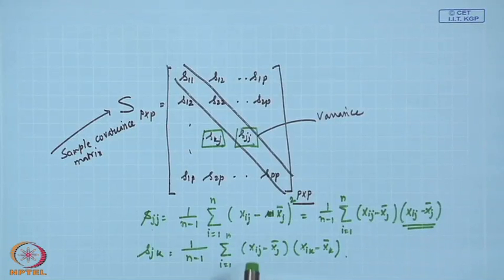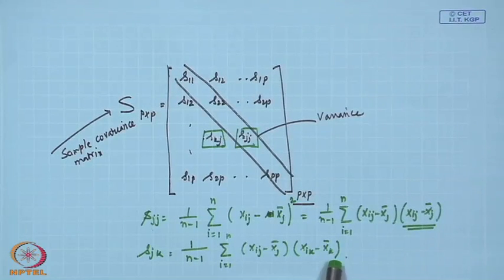You see that x i j minus x j bar, that means for the jth variable every element is subtracted by its average. For the kth variable also, every element is subtracted by its average.